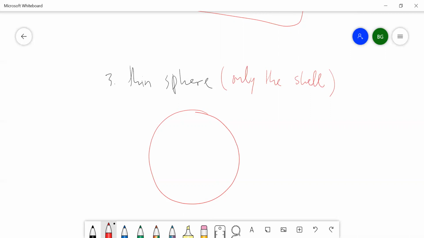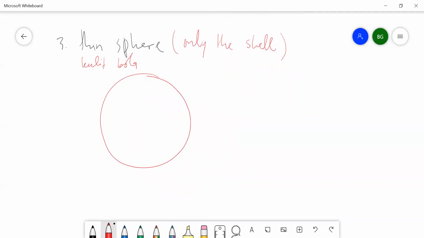In Bahasa this means kulit bola, tanpa isi, without content.